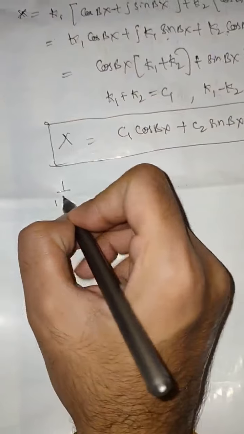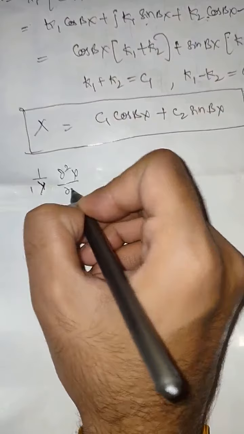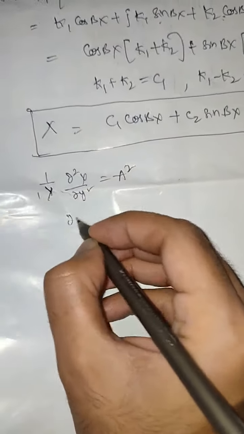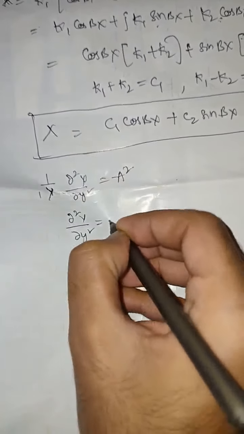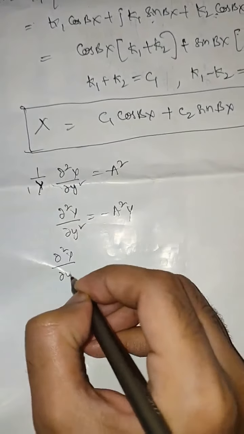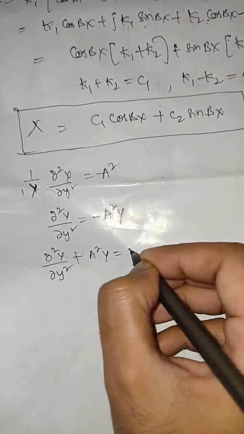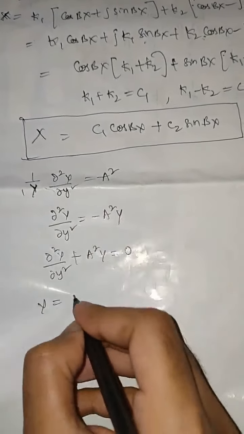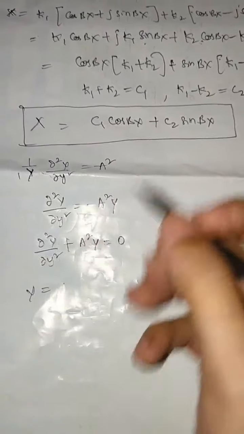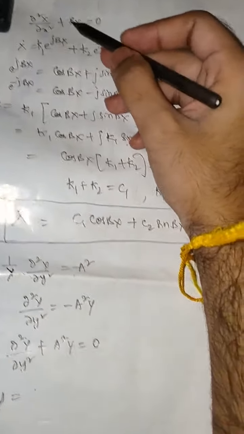Now this is the Y equation. In order to calculate the solution for Y, I am taking the equation 1 by Y dou square Y by dou y square is equal to minus a square. So dou square Y by dou y square is equal to minus a square Y. So dou square Y by dou y square plus a square Y is equal to 0. So now we can observe these two equations.